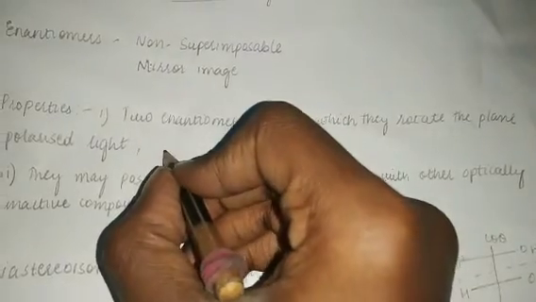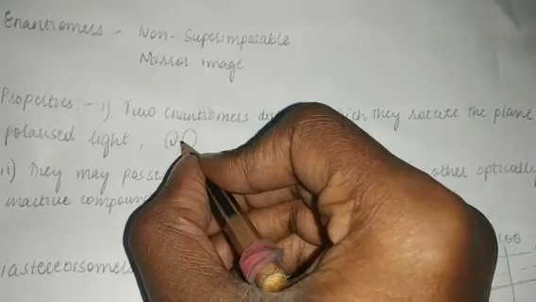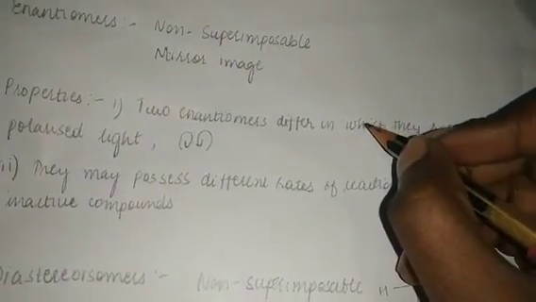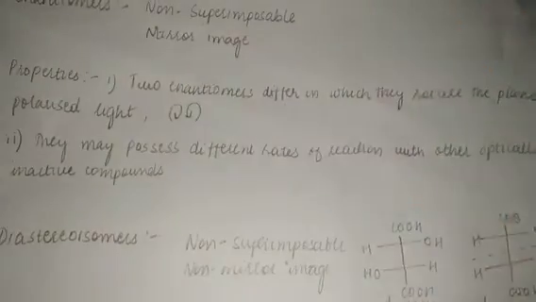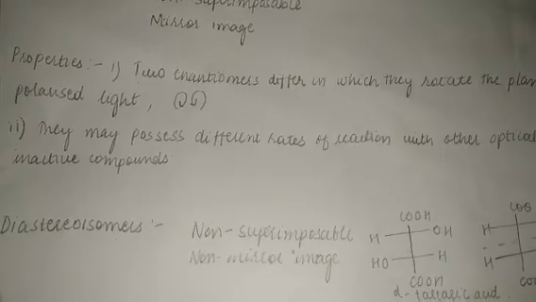They can rotate in a clockwise or in an anti-clockwise direction, and they may possess different rates of reaction with other optically active compounds. The rates of reaction of these isomers, the enantiomers, are different.